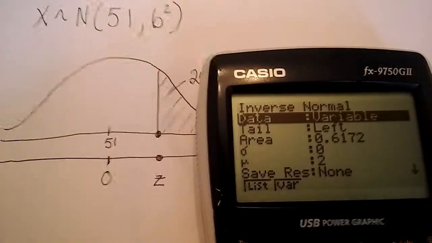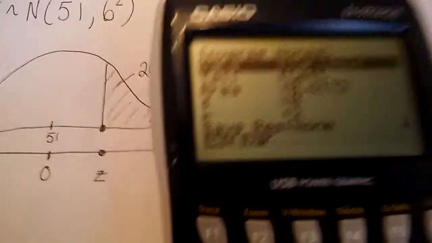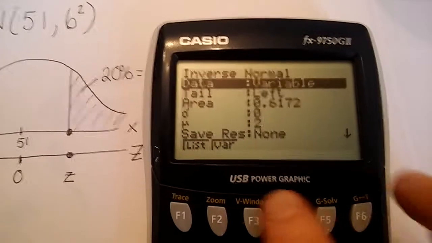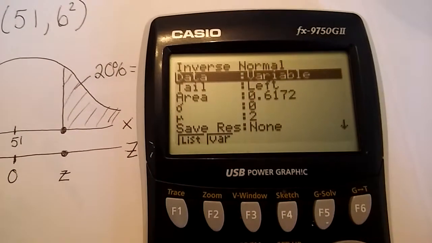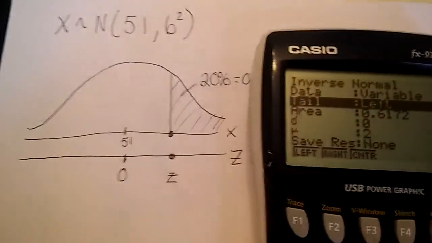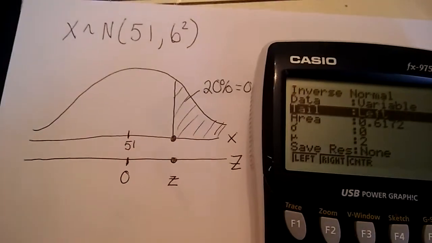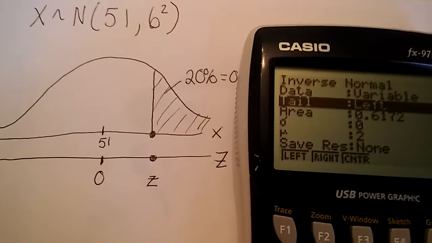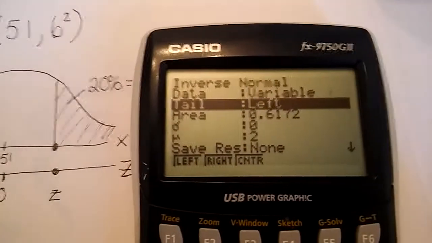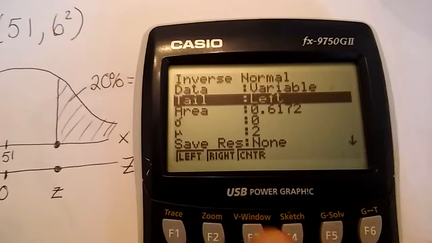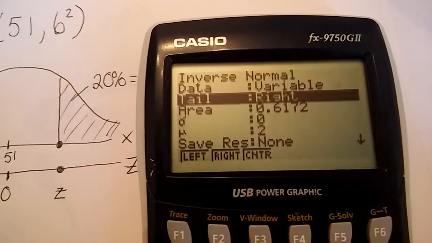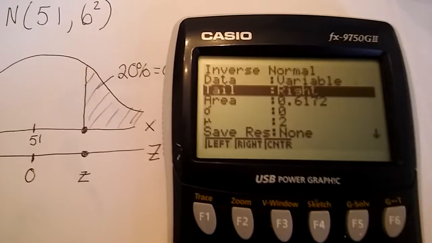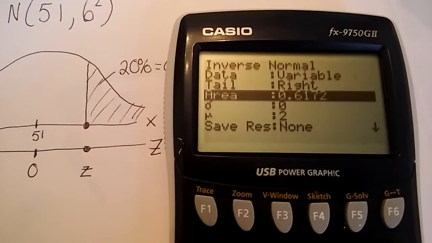Now, looking at these settings, our data is always going to be a variable, so I'll leave that alone. The tail: is it to the right or the left? In this question it's the upper one, it's greater than, so it's to the right. The tail is the right, so change that. The probability, or the area of our curve to the right, is 0.2.